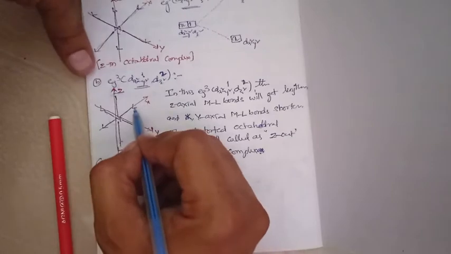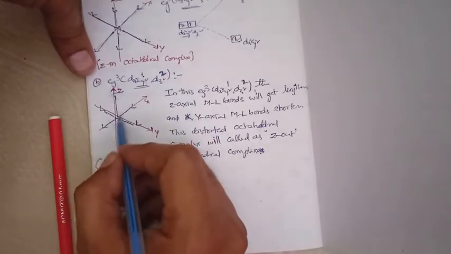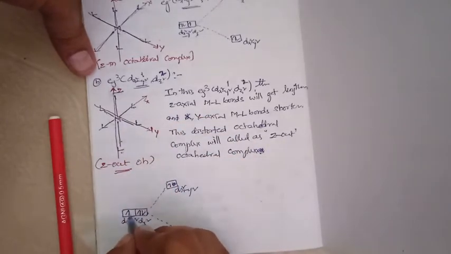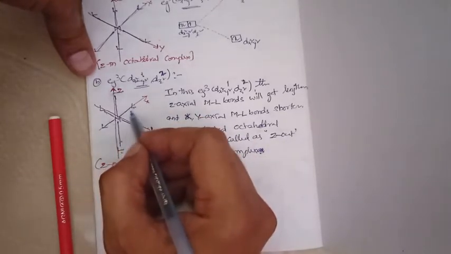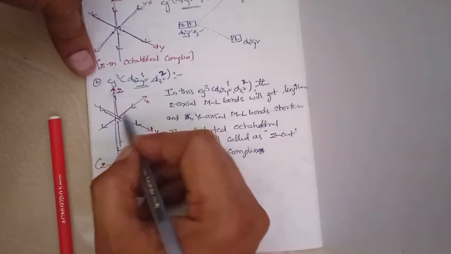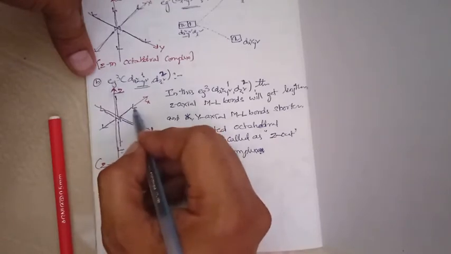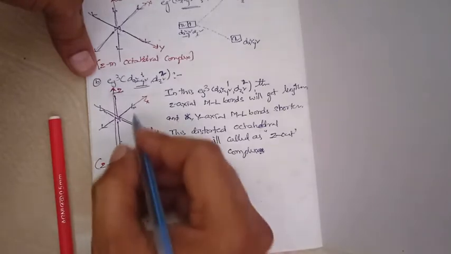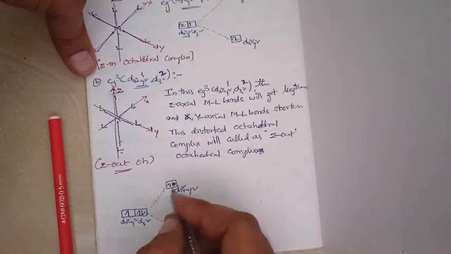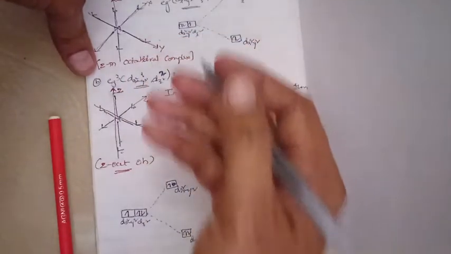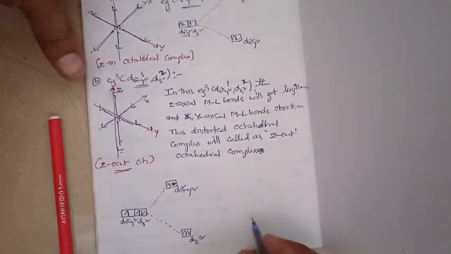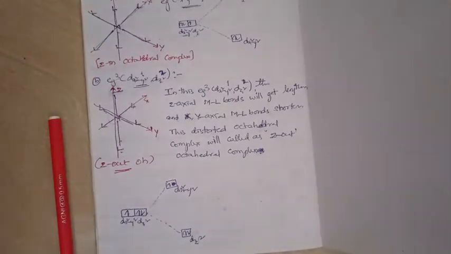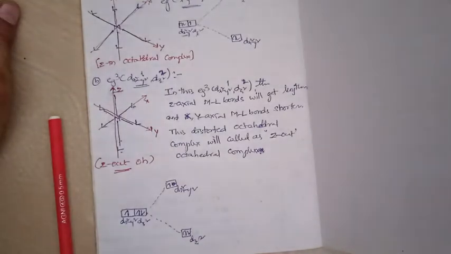The interaction of ligand negative charge with metal valence electrons takes place effectively. Even though it has a single electron, the interaction is effective as the metal to ligand bond lengths are shorter. So the effective interaction between the dx square minus y square electron and ligand negative charge makes it get excited and reach higher energy. This is the splitting pattern that takes place in the Z out structure.